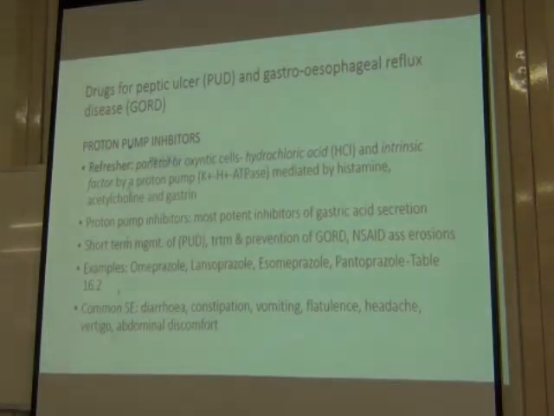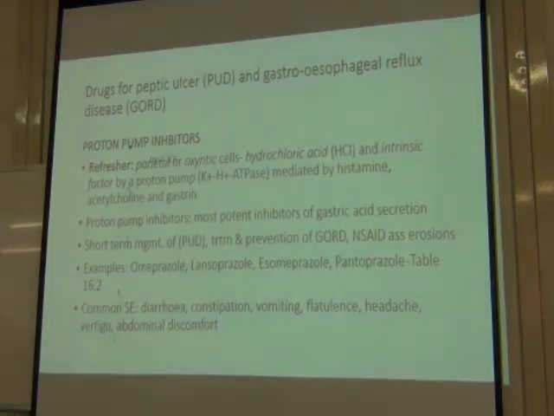So if we want to stop the production of hydrochloric acid, can we target the proton pump? Yes. So that is where we got this class of drugs from, proton pump inhibitors.